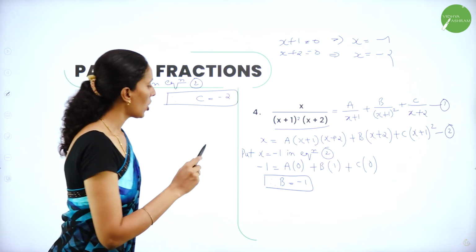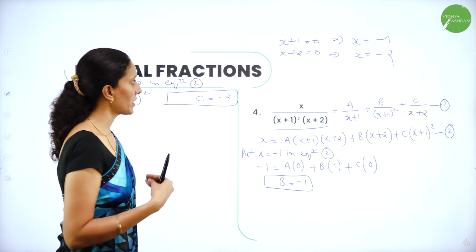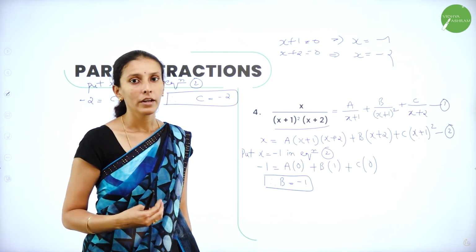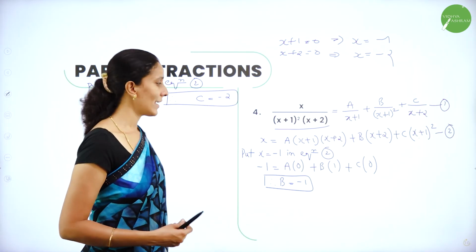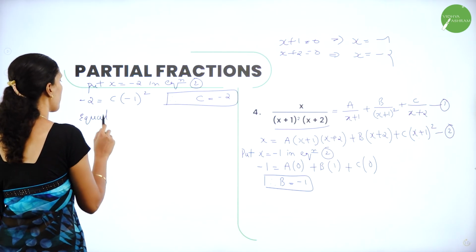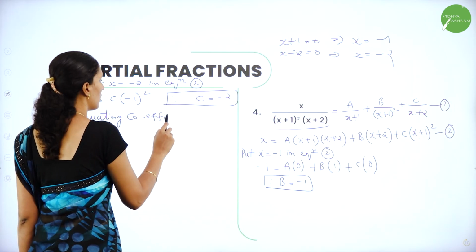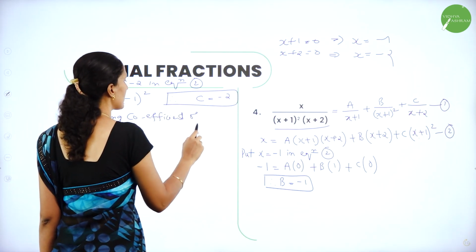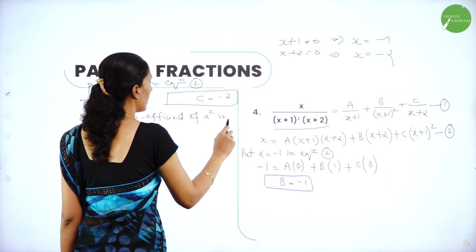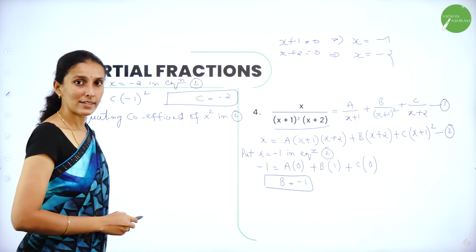So now we got b and c. To find a, any methods, choosing x is equal to 0 or equating the coefficient of x square. So I'll use equating coefficient of x square in equation 2. So this is your equation 2. Here there is no x square term.